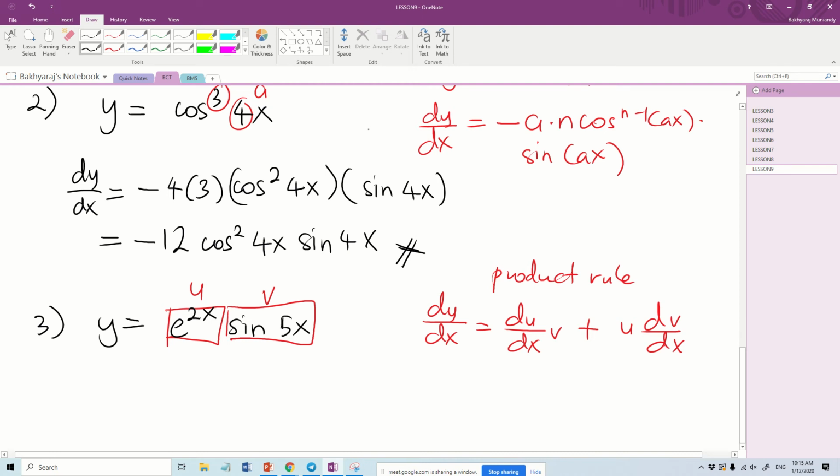A exponent ax, you get a exponent ax. So u equal exponent 2x and then v equal sine 5x.